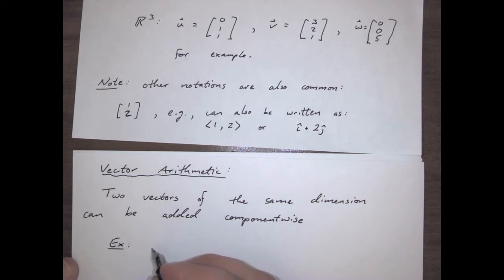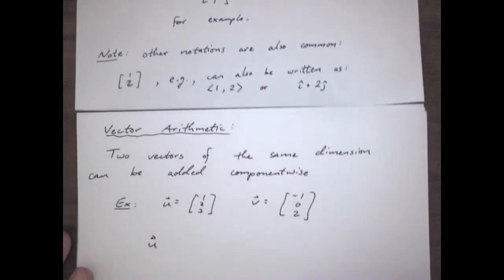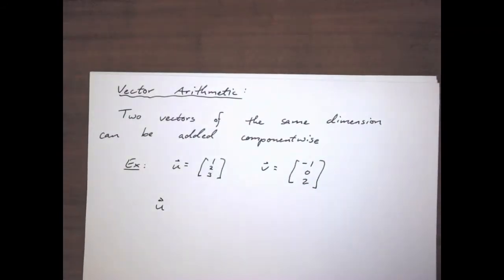So for example, let's say that we have u as a vector. Let's say it's 1, 2, 3. Let's say we have v as a vector, and it's negative 1, 0, and 2. Then u plus v would just be what you would expect, which is taking the entries of u and the entries of v, adding them each together.